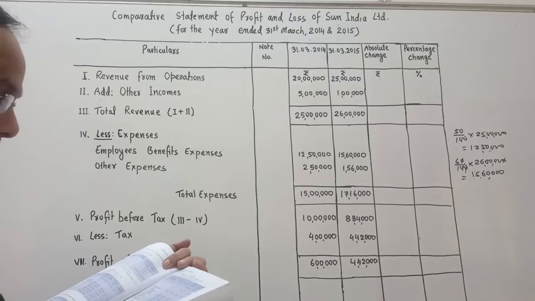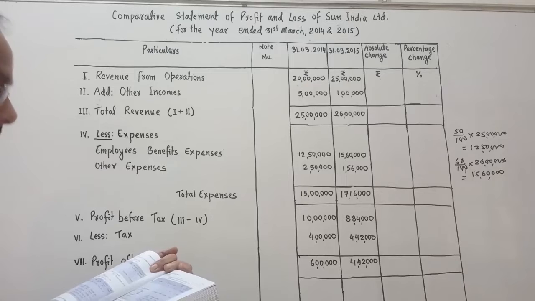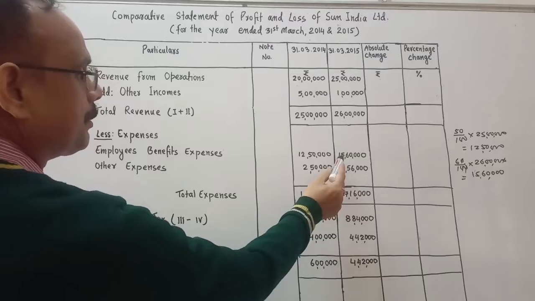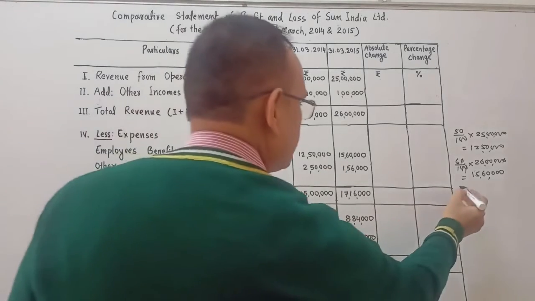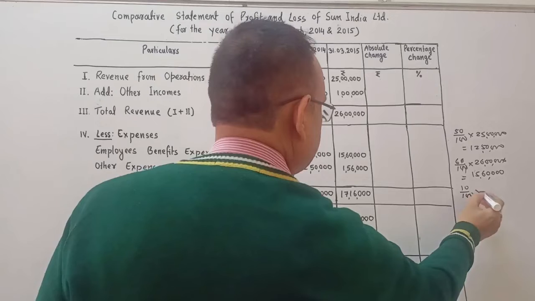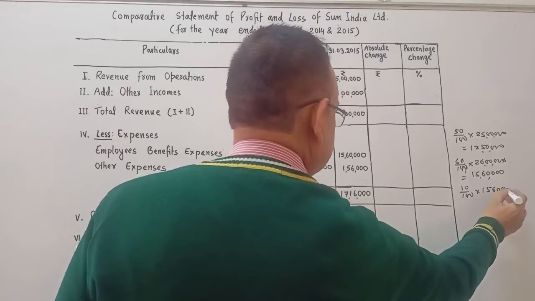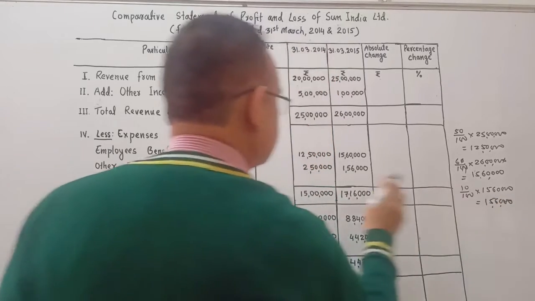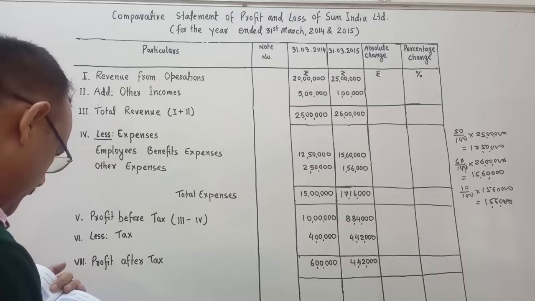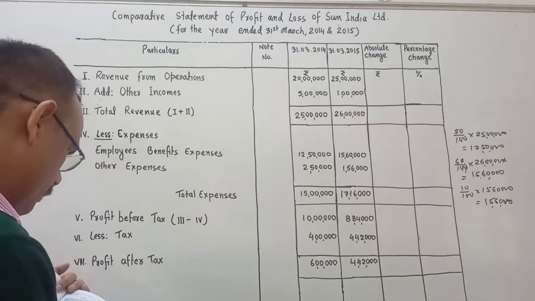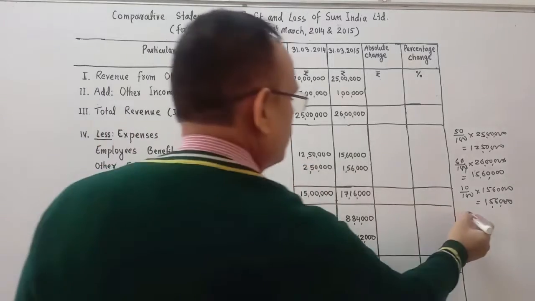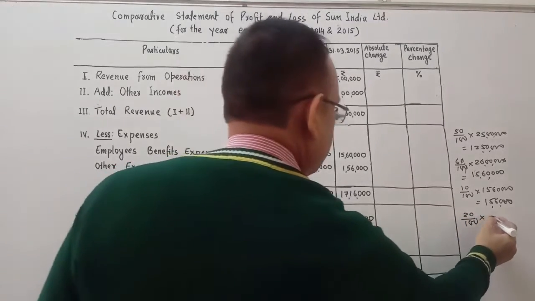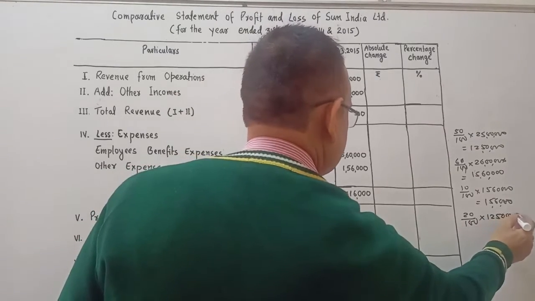Other expenses are given as 10% of the employee benefit expense in 2015. 10% of 15 lakh 60,000 is 1 lakh 56,000. And in 2014 it is given as 20% of employee benefit.